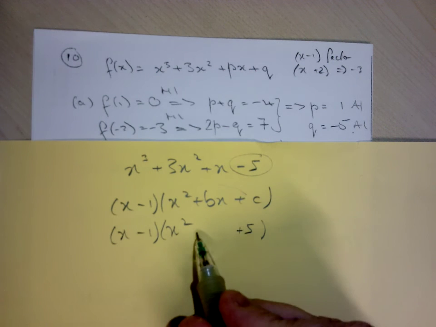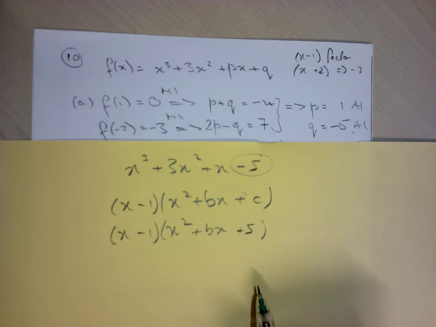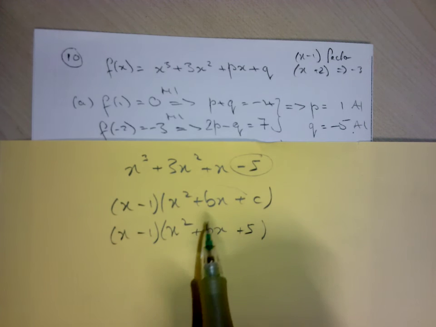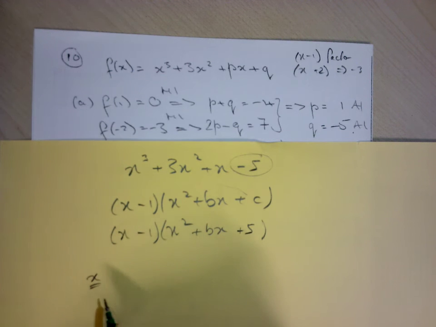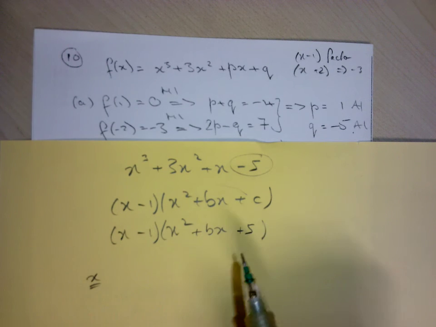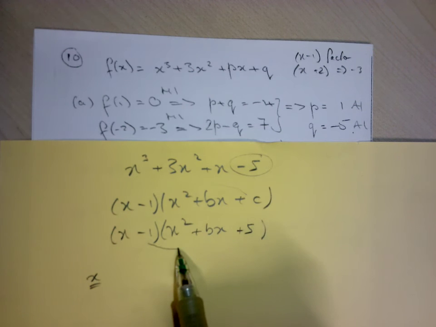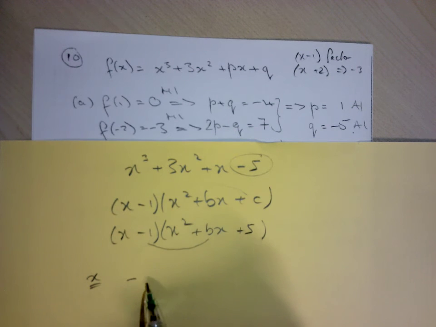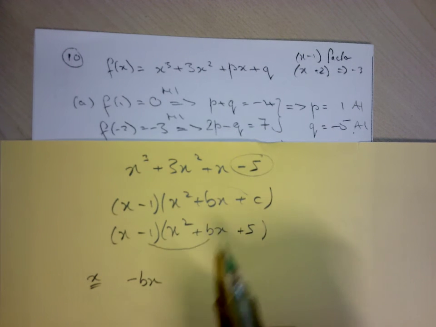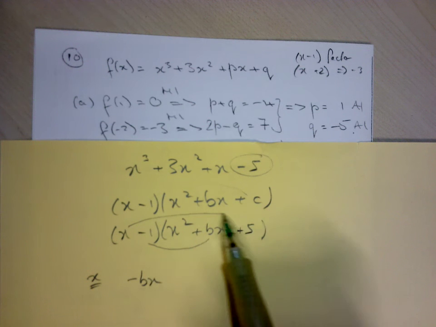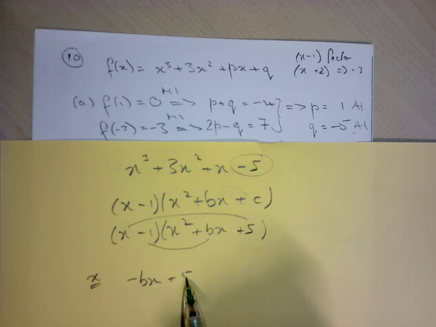The b, let's put this in as plus bx, and I need to just think about how I get particular terms. I'm going to look at how do I get the x terms here. So to get an x term, I would be doing minus 1 times b, so that's minus bx. But I'd also, of course, get x terms from x times 5, so plus 5x.